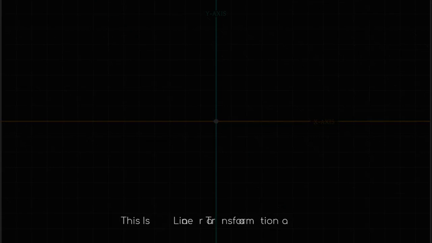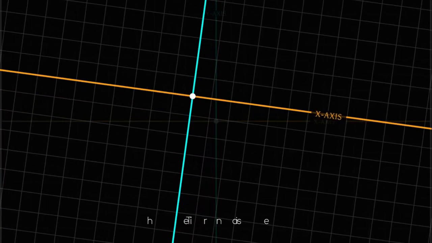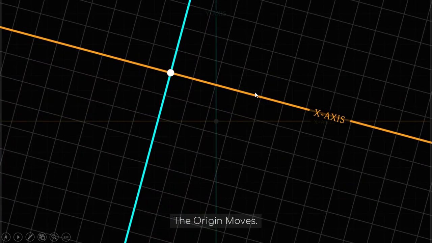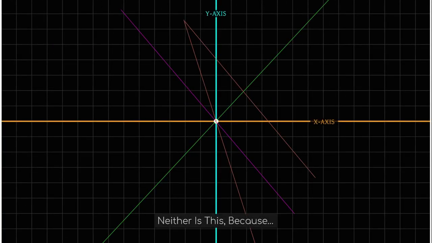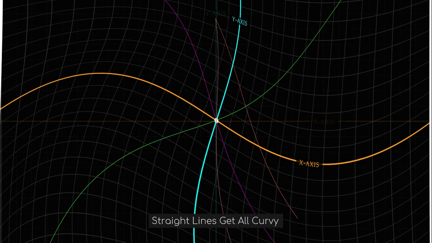But this transformation here is not linear. The lines are still parallel and evenly spaced, straight lines are straight, but the origin has moved from its place. So this is a violation of one of our properties. Similarly, this is not a linear transformation because, although the origin remains in its place, all the straight lines have become curvy and messy.